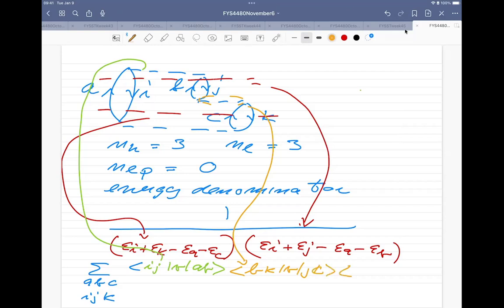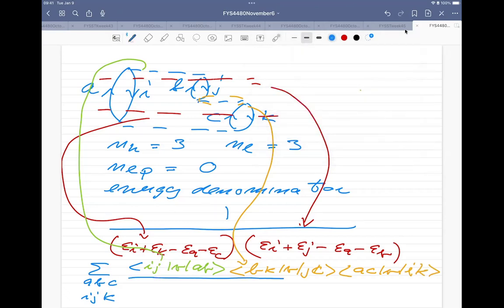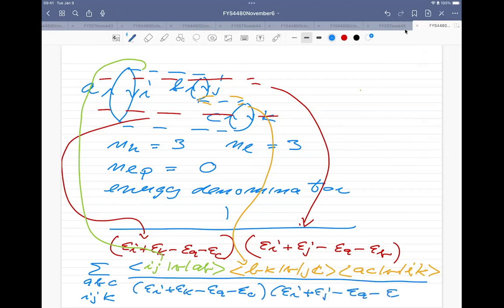And the final one would be an A of C and V, I of K. And then this is divided by the denominator, which is epsilon I plus epsilon K minus epsilon A minus epsilon C, multiplied with epsilon I plus epsilon J minus epsilon A minus epsilon B. And that will be that diagram's contribution to third order from this one particle, one hole intermediate state between the two particle, two hole excitations and the excitation.